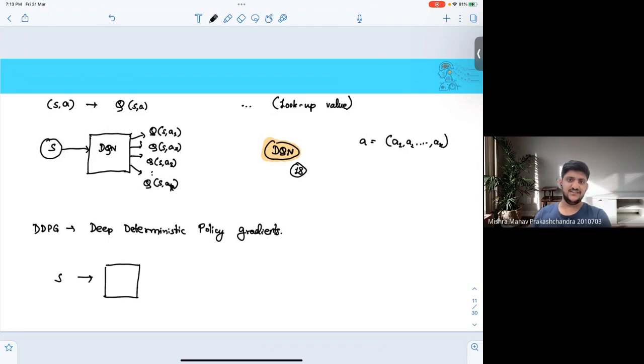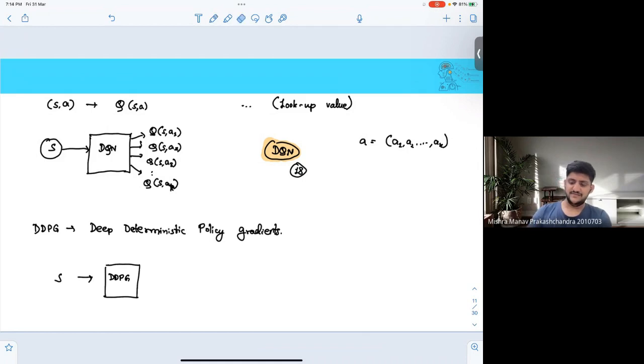Since this is a continuous action space, what should be the output of this network? Any idea or any guesses? How does a neural network, to make it more general, deal with a continuous action space?